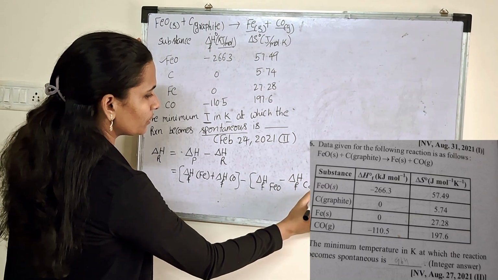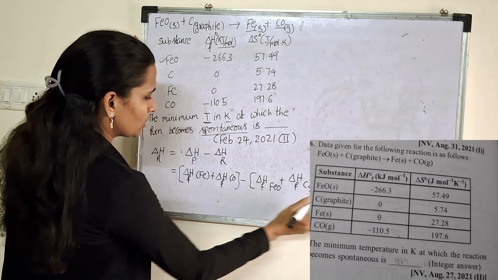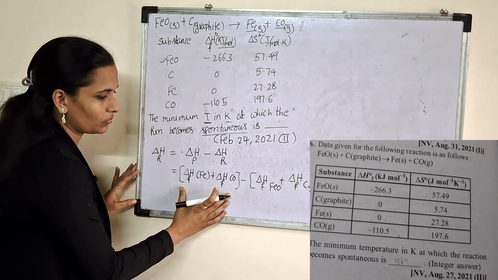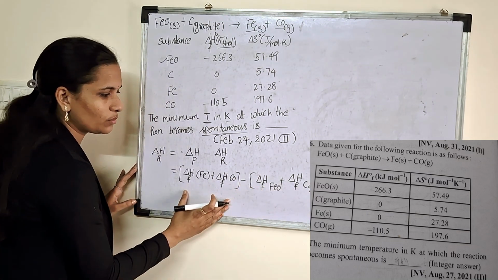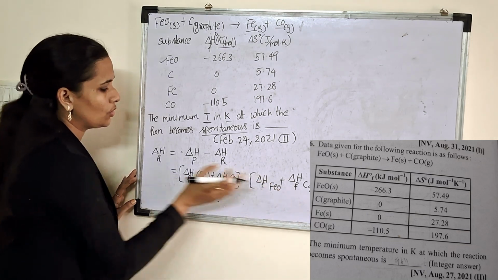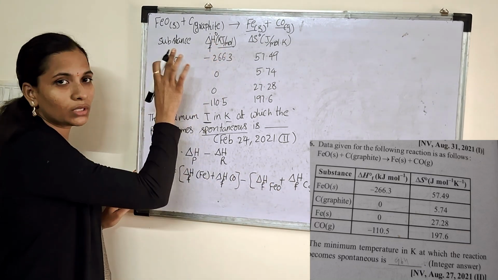Products minus reactants gives the delta H for the reaction.